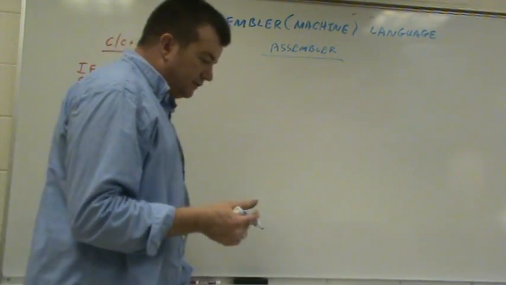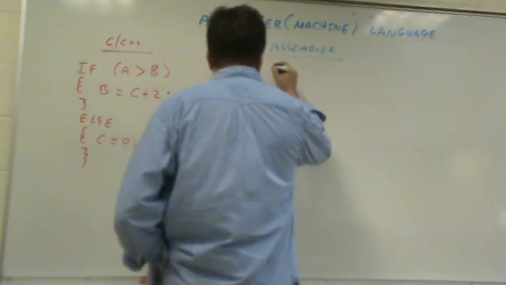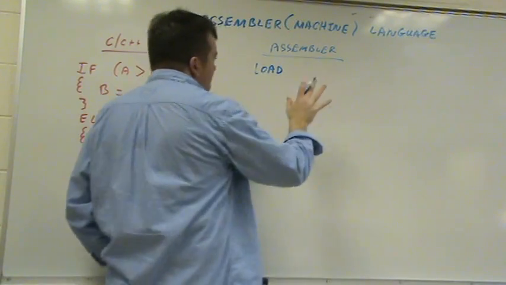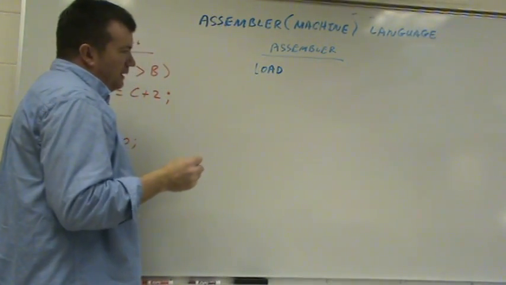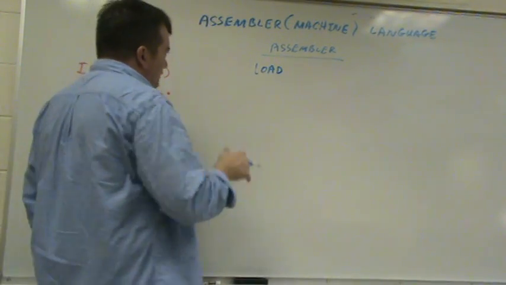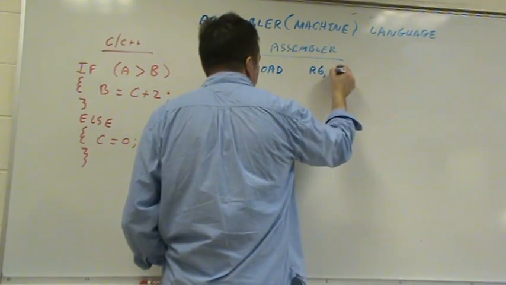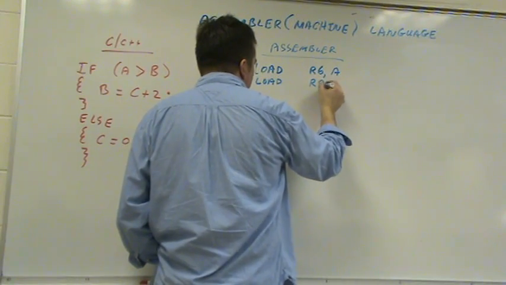Well, if we put A and B into registers, we're going to need A and B, so we're going to end up doing load. I'm just randomly picking register numbers out of my head. I think in our processor we had 16 registers, but they could go as high as 32. So load register 6 with A, load register 9 with B.